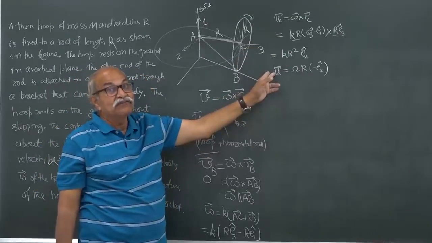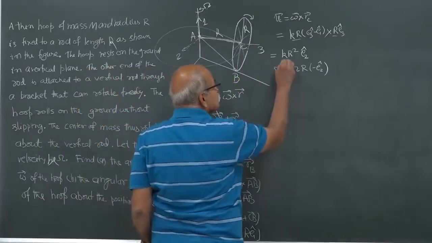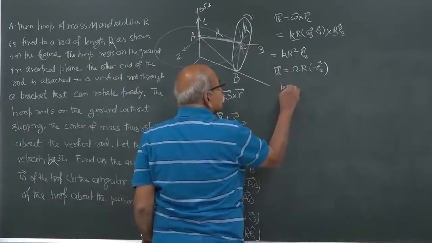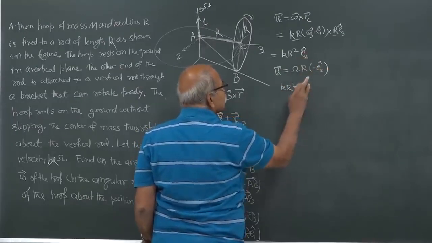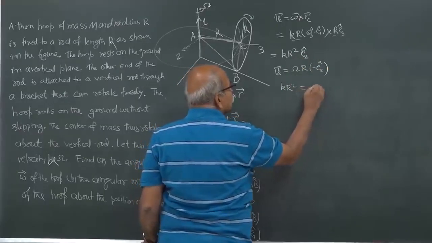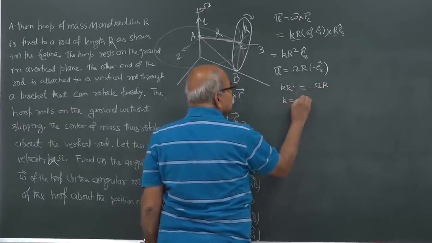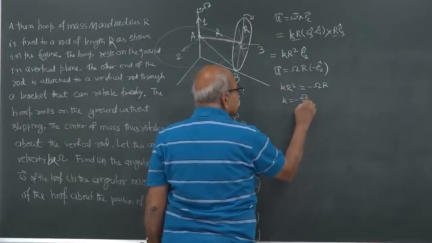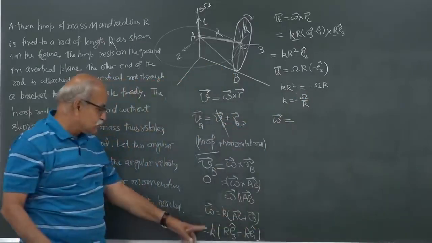I got it in two different ways, but the same velocity v, and therefore this k r square E2 cap, or E2 cap you can leave from here, k r square is equal to minus omega r, and so k is equal to minus omega by r, and hence omega is equal to, come from here, omega is equal to k.